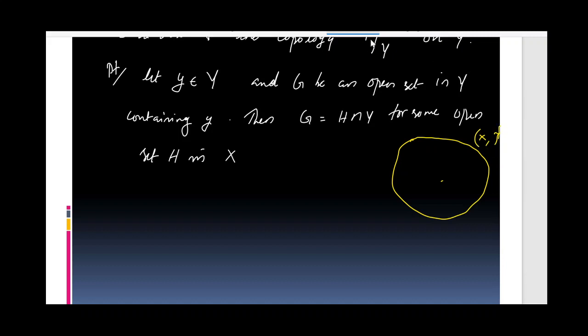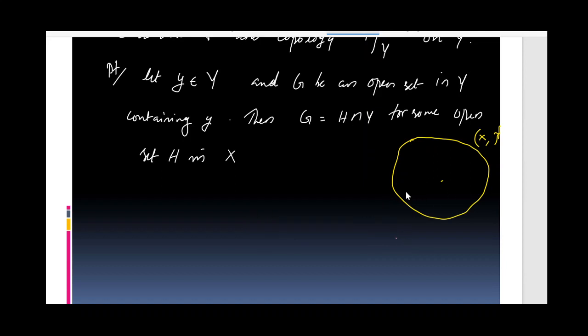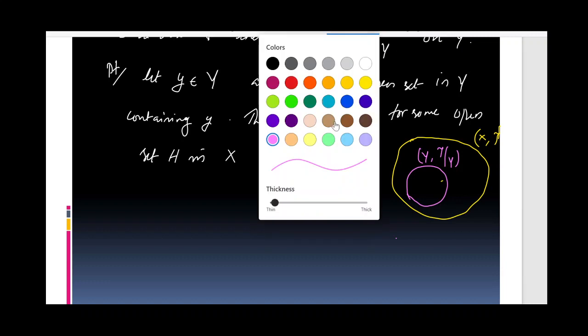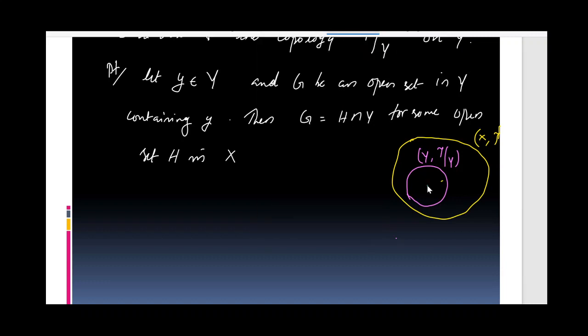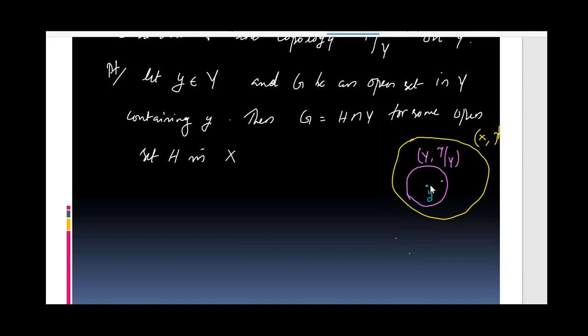Now you have a subset Y, and here we have the topology T restricted to Y. Now you take a point y, and an open set containing this y.